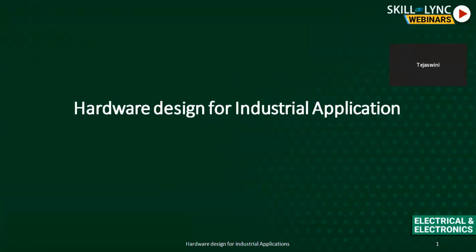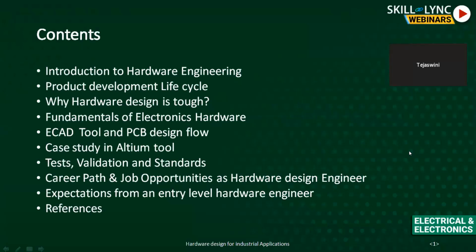So today I'll be sharing my experience. These are the contents: talking about hardware engineering at a very basic level as an introduction. Then we move to the product development life cycle, and then why hardware design is tough in industry. We'll also deal with some basics of electronics hardware, then the ECAD tool and how the PCB design flow takes place in industry, as well as an RTM tool.